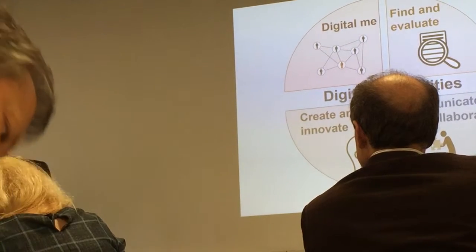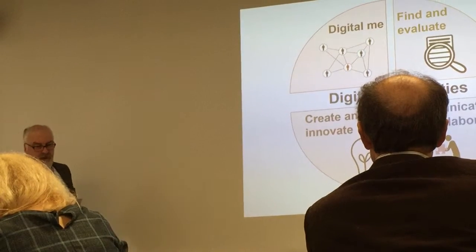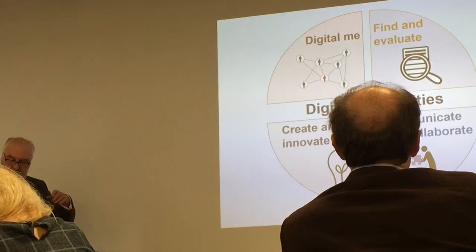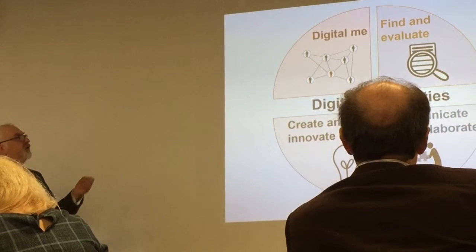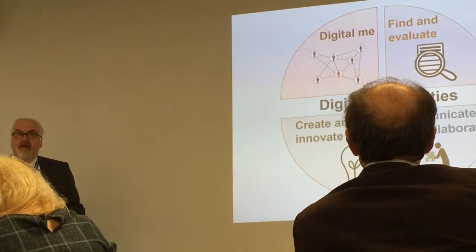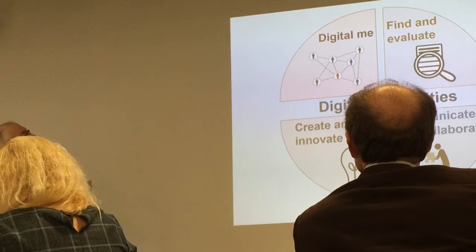Let me read an example that probably will make more sense. So, for example, in digital learning, attributes might be, there's a number, but it could be digital well-being, digital legacy, or digital footprint. And then within those, we might then have a series of aspects.